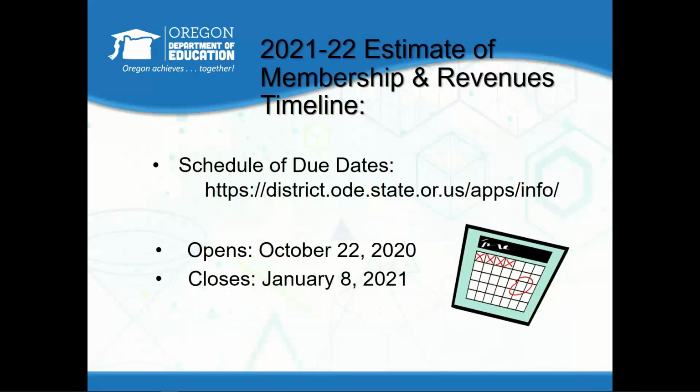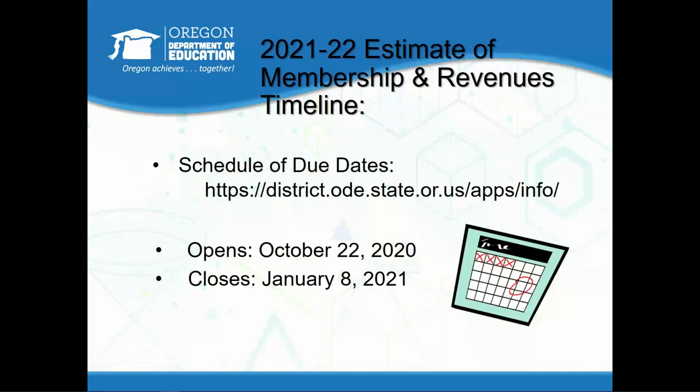So the 2021-22 estimate of membership and revenue, you can access material on the schedule of due dates, and I have the site there. You will see on the schedule of due dates that it opened a couple weeks ago, October 22nd, and closes January 8th. I did extend that past the typical date.